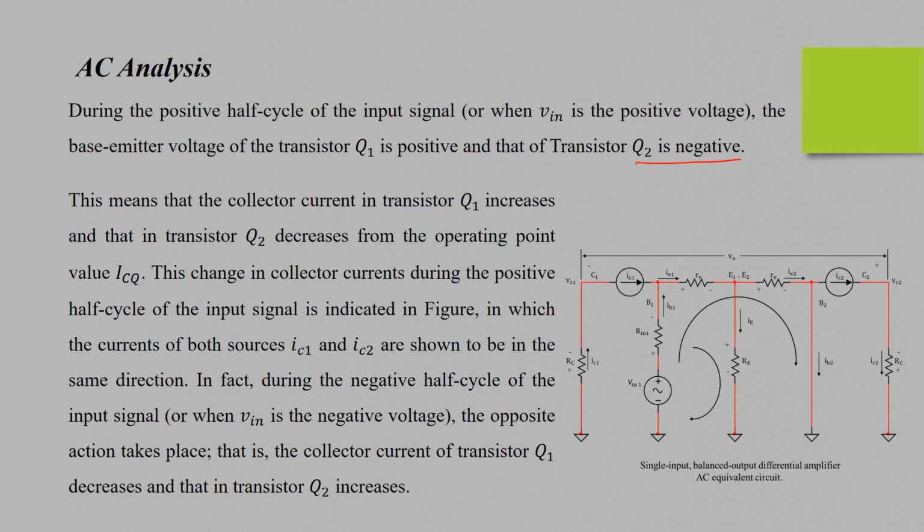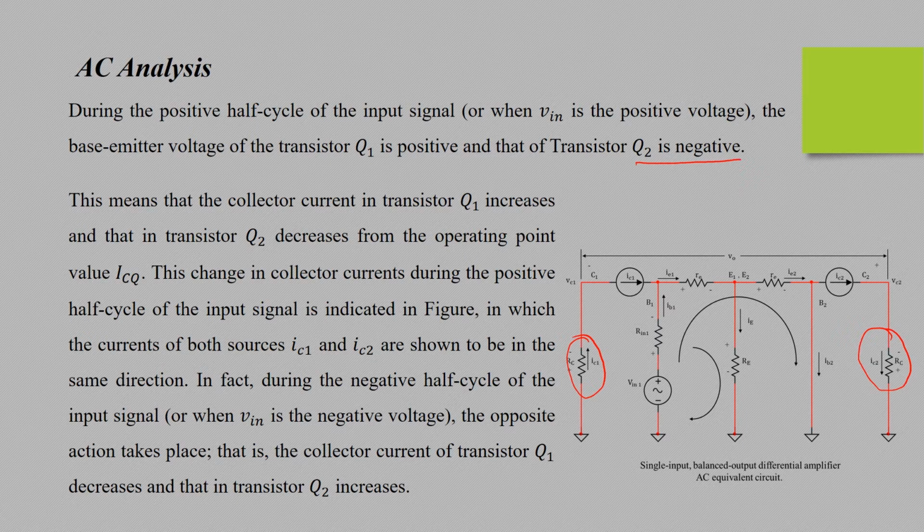This means the collector current of transistor Q1 increases and that in transistor Q2 decreases from the operating point value. This change in collector currents during the positive half cycle of the input is indicated by the figure, in which both the currents IC1 and IC2 are shown to be in the same direction.